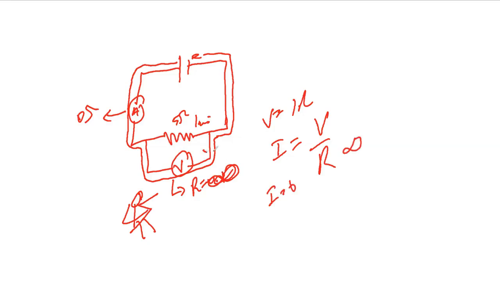So I will get a true value of resistance, because all current of this battery is flowing in this resistance. So resistance is equal to voltage divided by current. All current will flow across this resistance, and I can measure the potential difference across this resistance. Because here it will have a high potential, and here I will get a low potential.